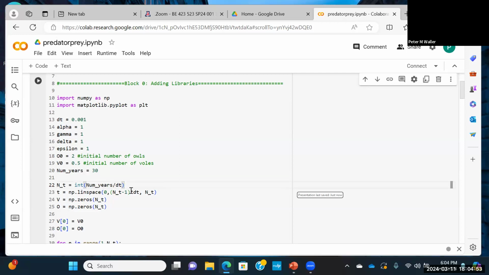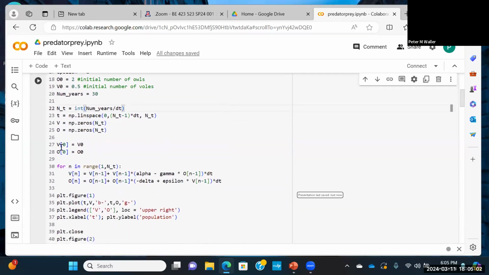Then you set your time vector based on the NT, and then your voles and owls vectors based on np.zeros. And you set your initial population of owls and voles. And then you run your for loop from 1 to NT. Actually, it's NT minus 1 in this case, because of how the for statement works in Python.